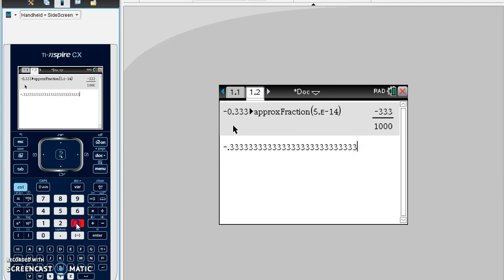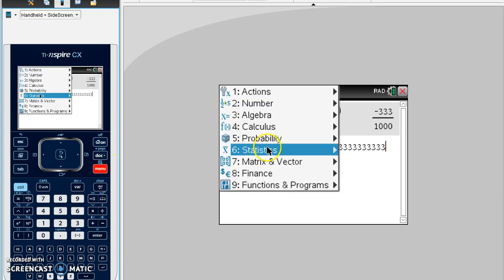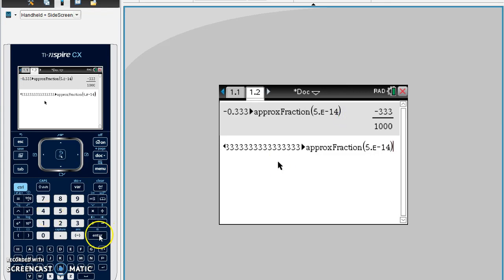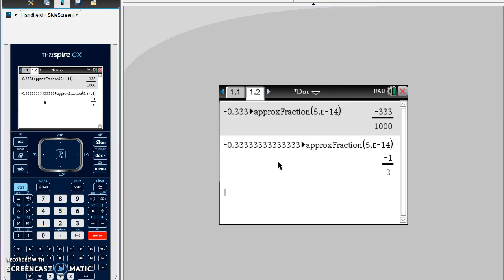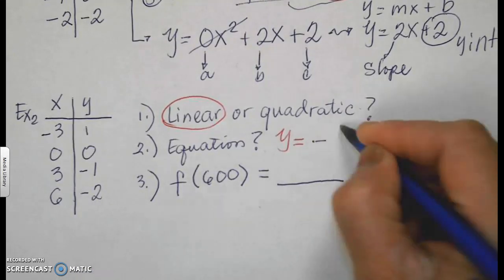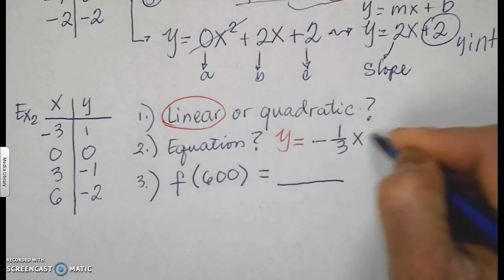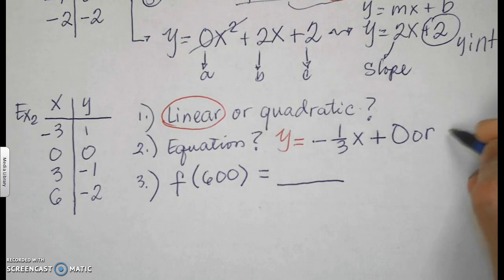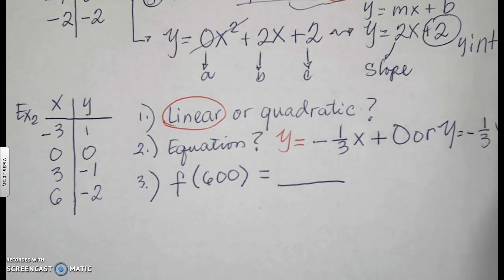Okay, now you press menu, number, approximate to fraction, and type enter, and it will give you the accurate one. So I hope you saw that. Therefore, this equation would look like -1/3 x plus 0, or just simply y equals -1/3 x.